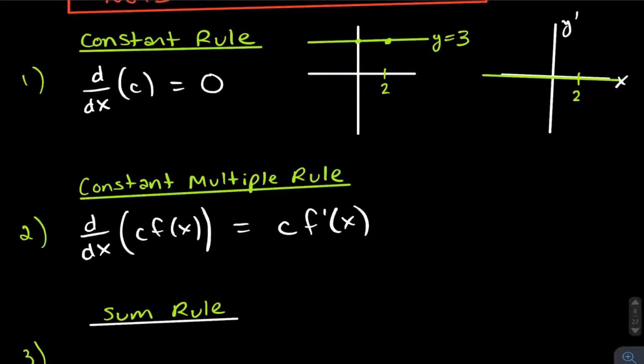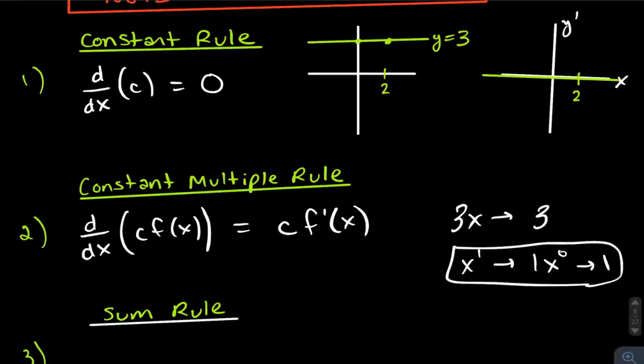We talked about how we went from 3x to just 3, right? The actual derivative here was from x to the first power to 1x to the 0 power, which of course is just 1. That was the actual derivative, but this 3 kind of just tagged along. So that's the idea here.